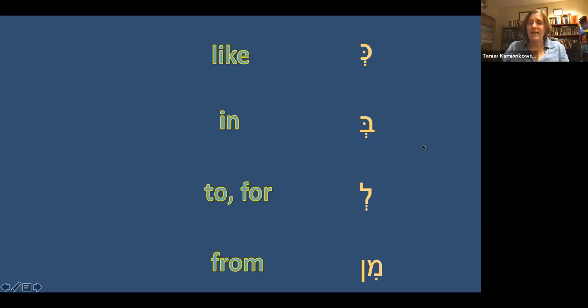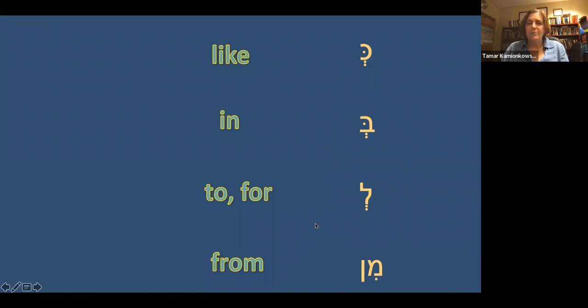If I wanted to say, let's use shalom, the word peace, and I want to say in peace, I would say bi shalom. If I wanted to say for peace, I would say li shalom. So instead of having completely independent words as we have in English, these three prepositions are attached to nouns.